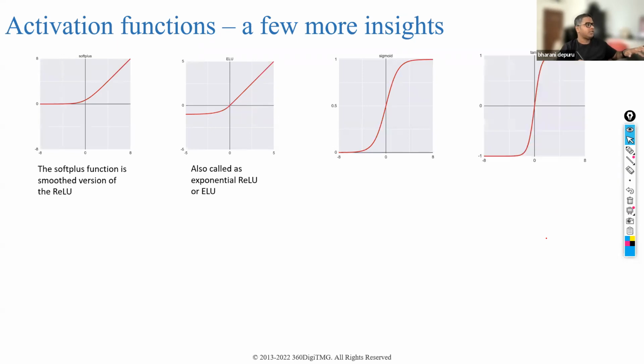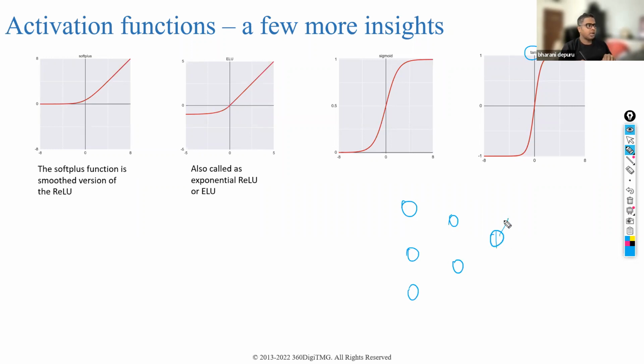Also, we have something else which is called as tan H, which stands for hyperbolic tangent. Tan H means hyperbolic tangent. In this hyperbolic tangent function, if you have inputs, then hidden layers and output.